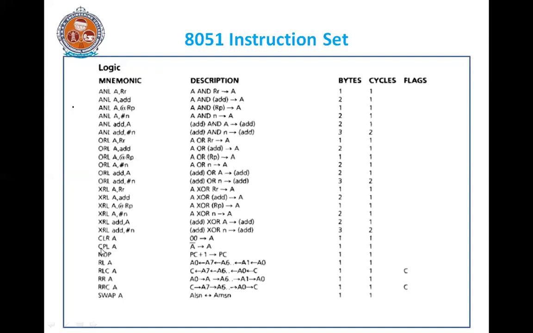Next is CPL, complement, that is the data in the accumulator register is complemented. NOP means no operation, it moves on to the next instruction. Next RL, that is rotate left A, so the contents of A are rotated left.